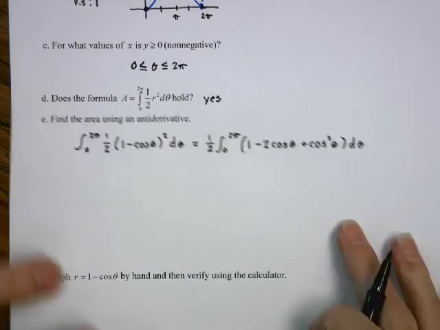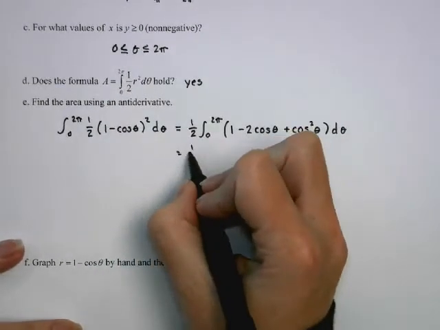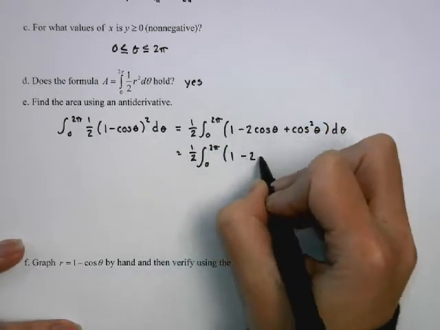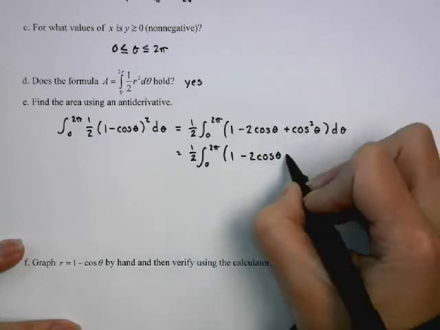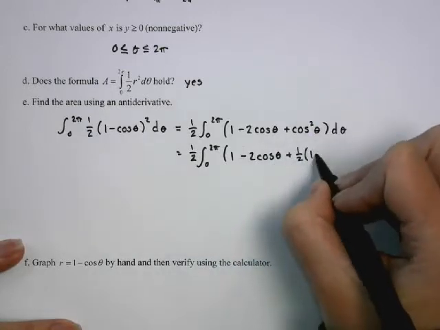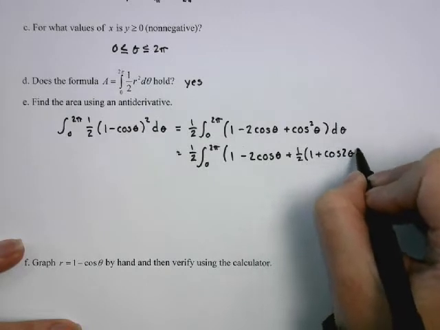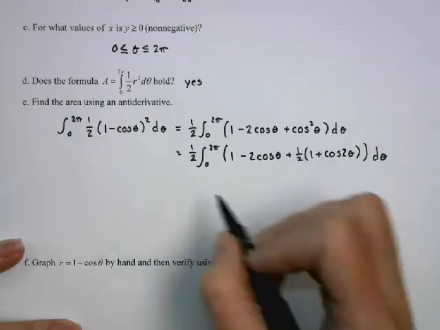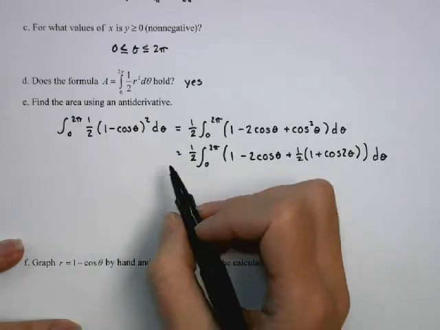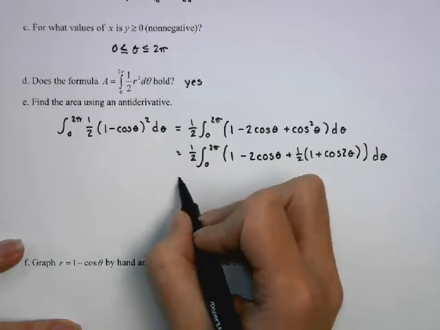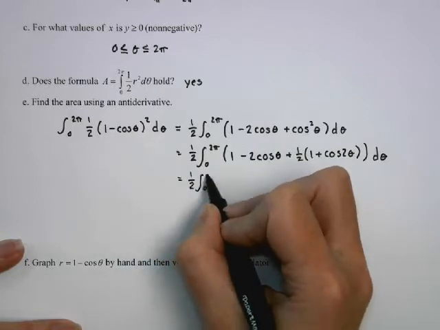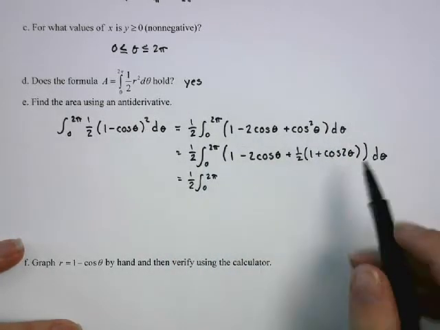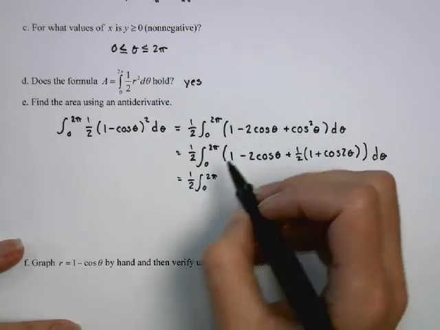Okay, for the integral of cosine squared, we need to do the double angle replacement, which is 1/2 times 1 plus cosine 2 theta. So again, on this homework assignment, you're just going to be typing these in the calculator, but eventually you do need to be able to do these by hand.